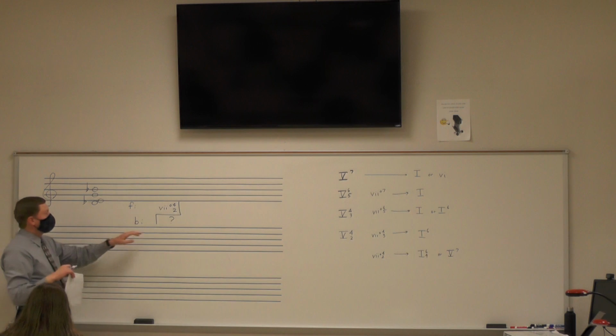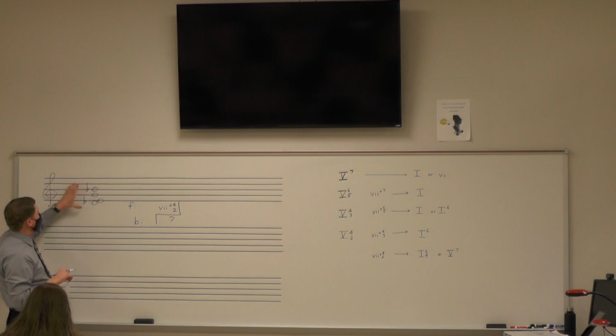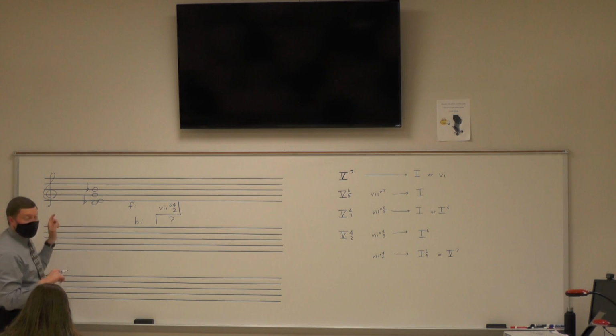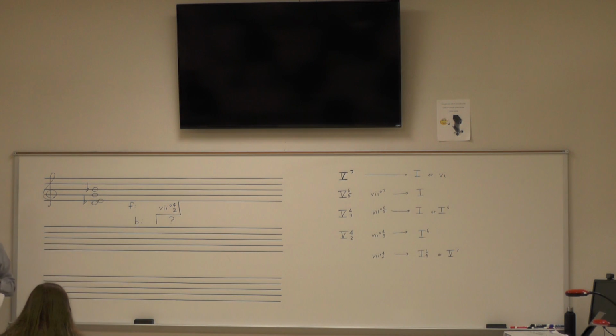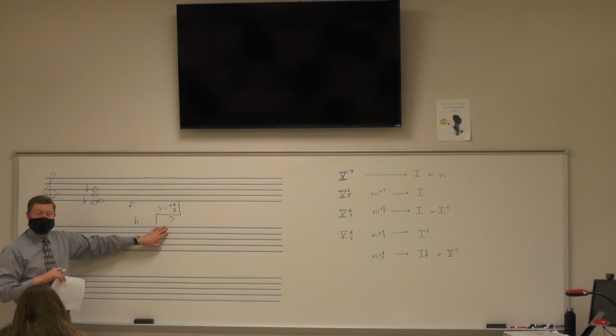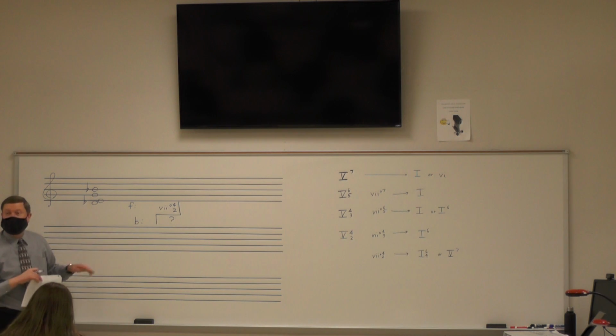So in order to answer the question as to which inversion goes here, all I have to do is look at my spelled chord and say, is there a note in this chord that either is or is enharmonic with T of the new key? Right? Because these are always leading tone 7 chords. What pitch is T of B minor?